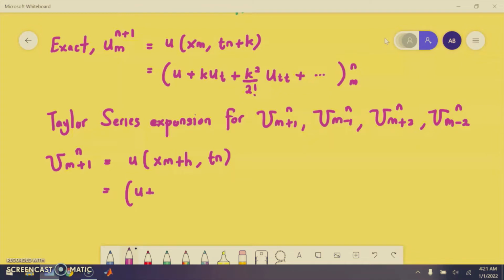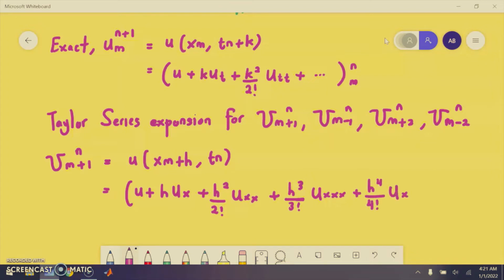You have u plus h ux plus h squared over 2 factorial uxx plus h cubed over 3 factorial, which is 6, I'm going to write it as 3 factorial, uxxx plus h to the fourth over 4 factorial uxxxx, and so on.